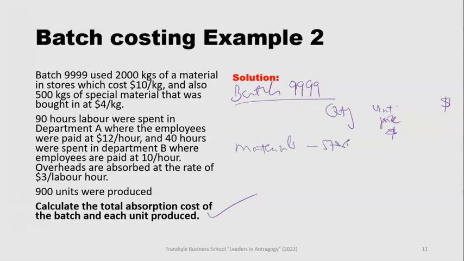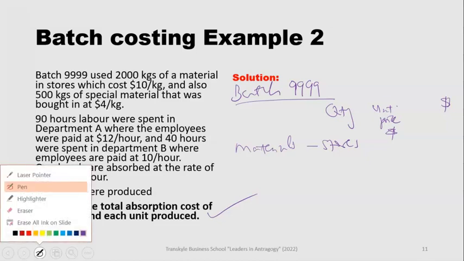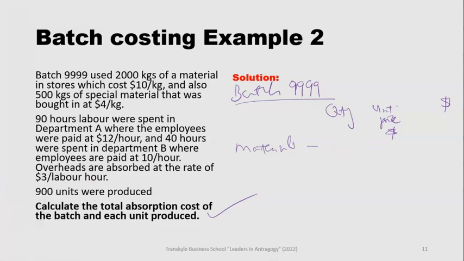There is material from stores. Batch 999 used 2,000 kgs of material in stores. That's 2,000, and how much per kilo? We are told that's $10 per kilo. So this becomes 20,000.